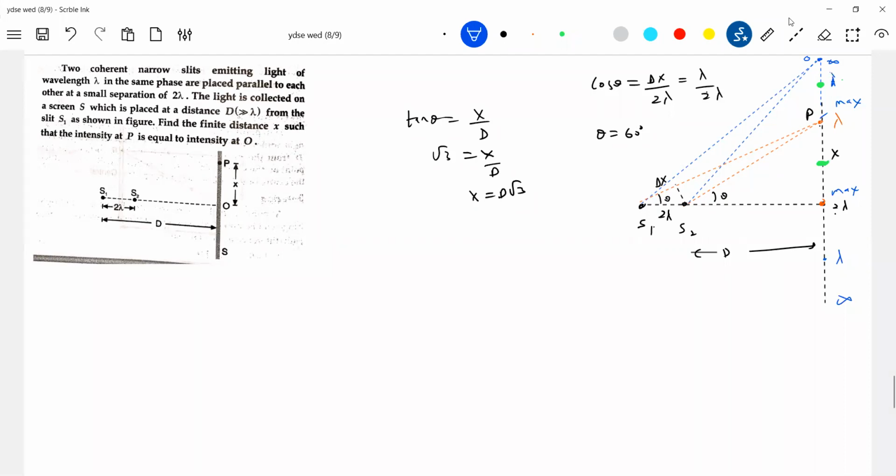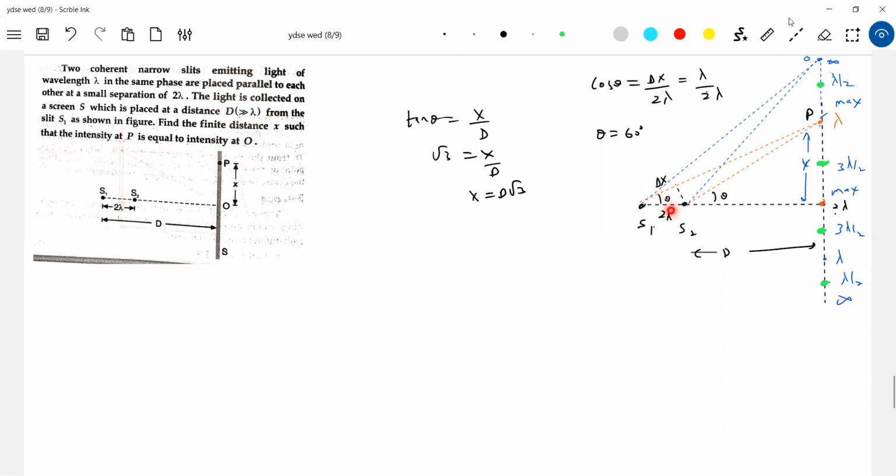Please do analyze; you can't depend only on mathematics. This will be 3 lambda by 2, this lambda by 2. If the problem says there is a minima, then what will happen? You should write the equation.